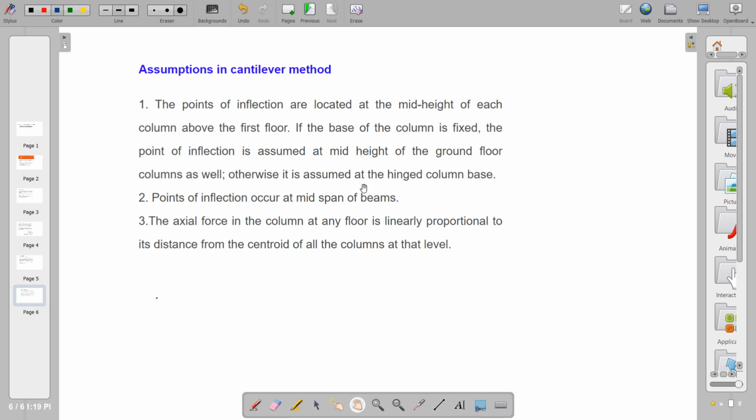Otherwise, it is assumed as a hinge column base. Points of inflection occur at the mid-span of the beam, and the axial force in the column at any floor is linearly proportional to its distance from the centroid of all the columns at that level. Okay, so I think we should illustrate this through an example.